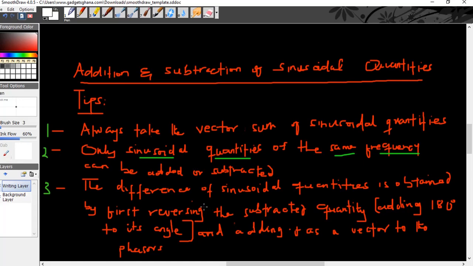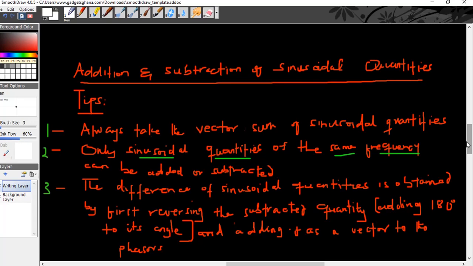So when taking the difference, you first take the reverse. This is how you take the reverse of a sinusoidal quantity, whatever the expression could be: you add 180 to the angle of the sinusoidal quantity.